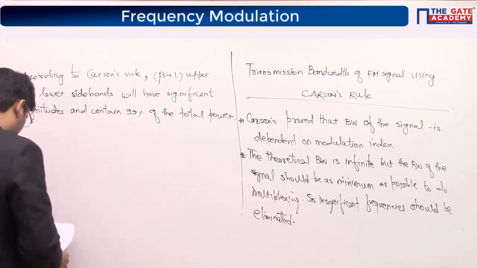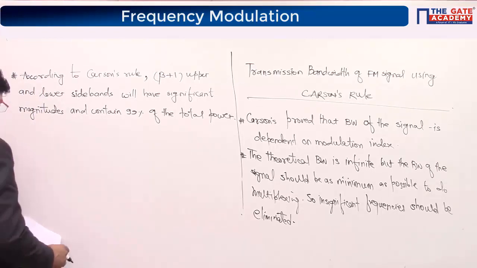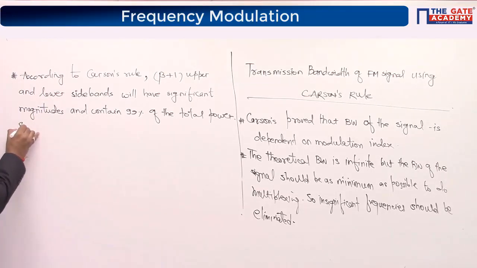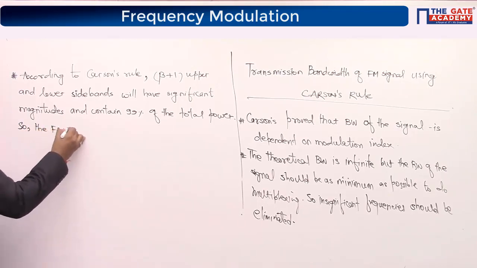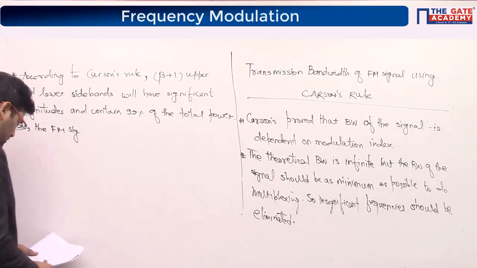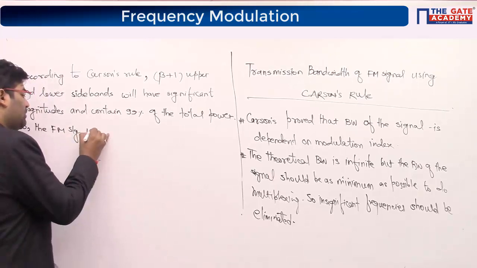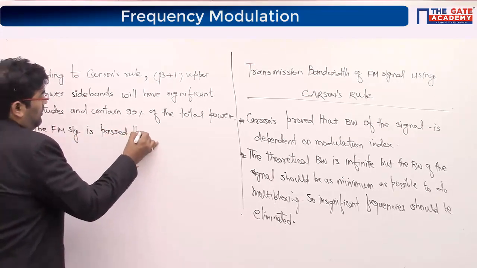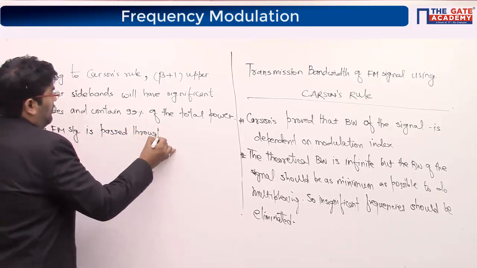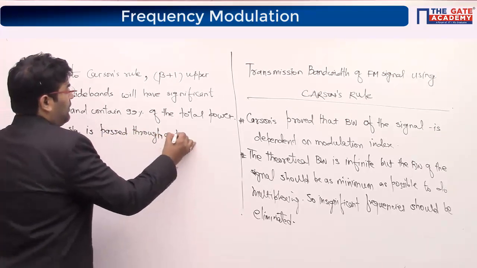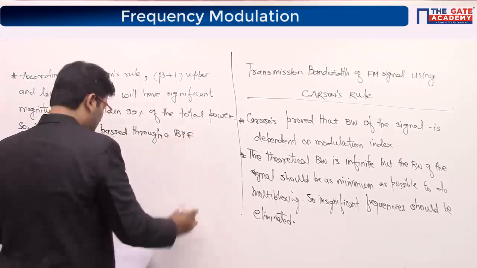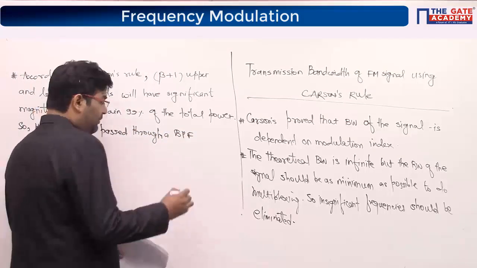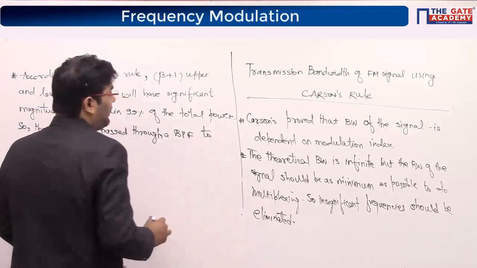Okay? So the FM signal is passed through a band pass filter to eliminate the insignificant high frequencies.